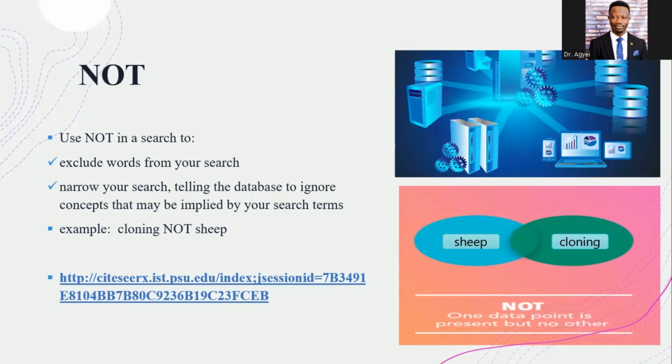So if you type in cloning, not sheep, it will output all the studies about cloning, but it will remove the word sheep from it. So you will never be able to find studies that deal with sheep. That is also another part that is very important, okay?